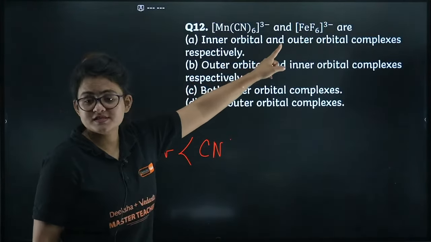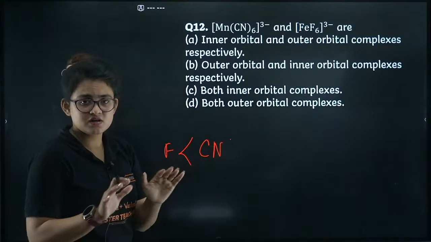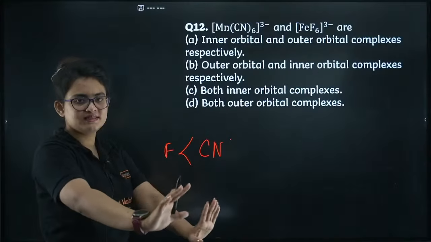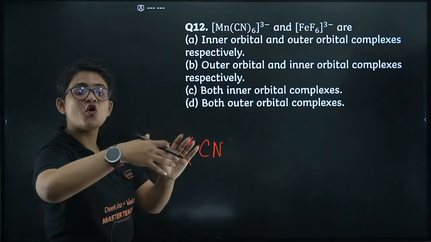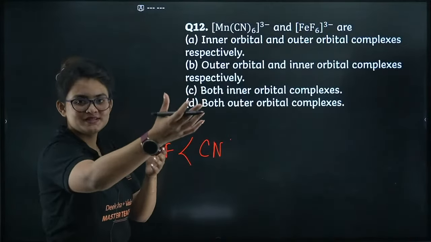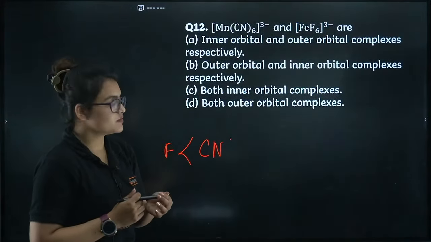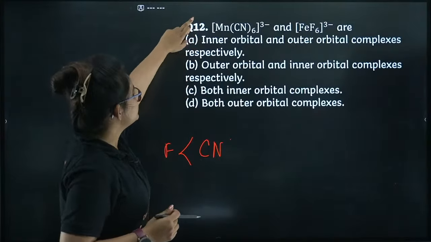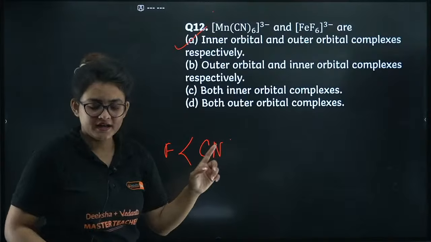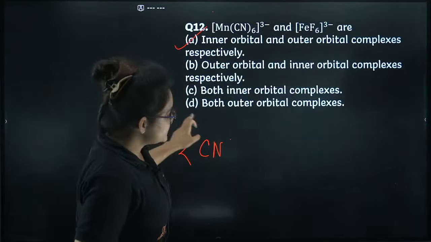And for FeF6, it's not a strong field ligand, so normal pairing of electrons is there, and the outer 4d orbital of iron will take part in the hybridization process. So first one is inner, second one is outer. Option A is going to be the correct one. Let's proceed.